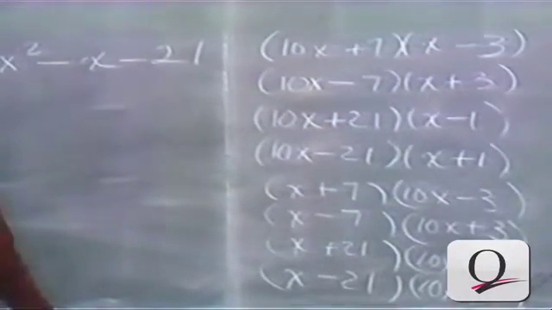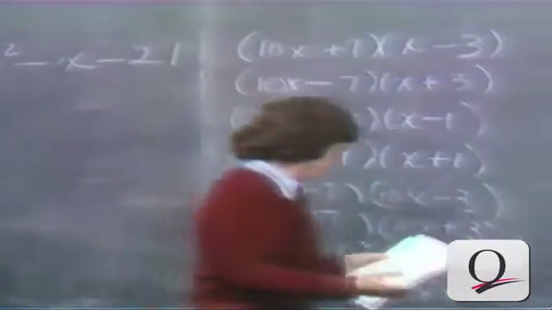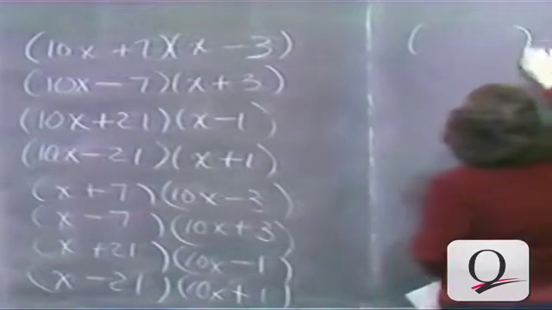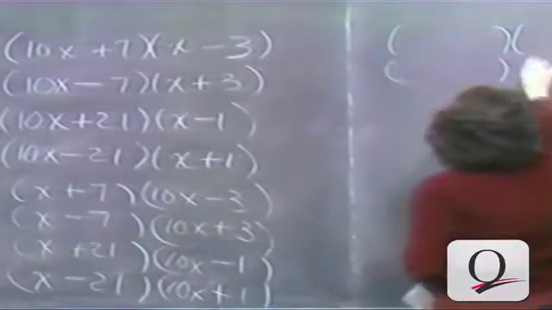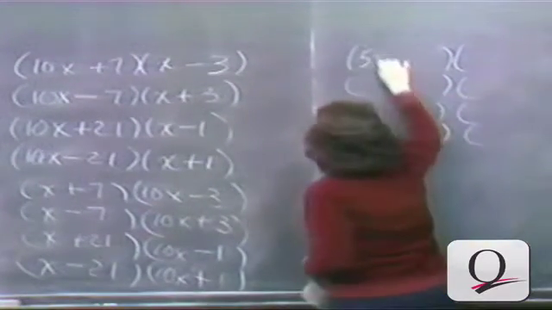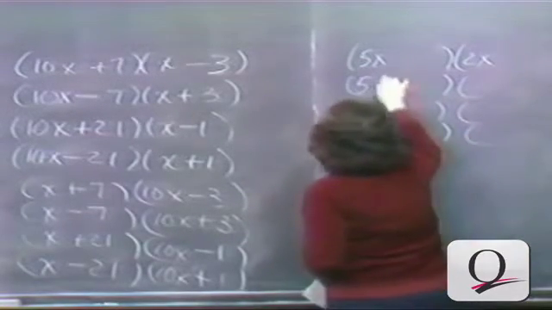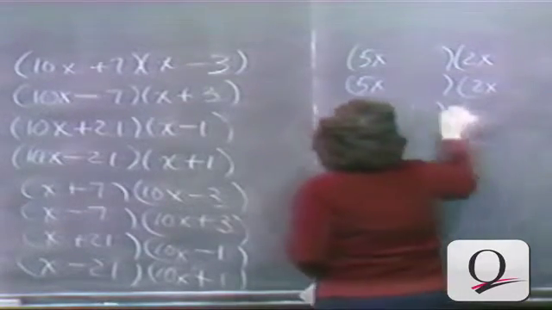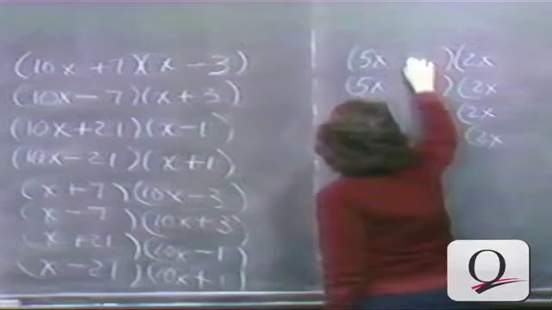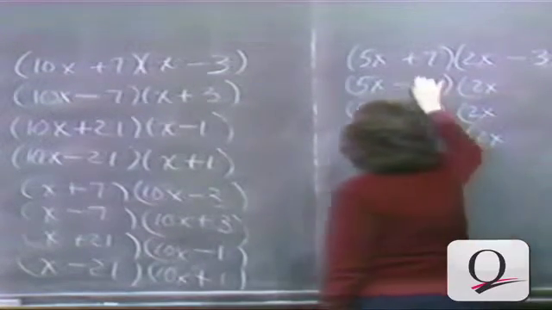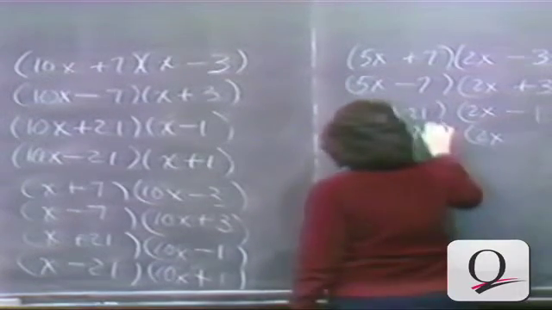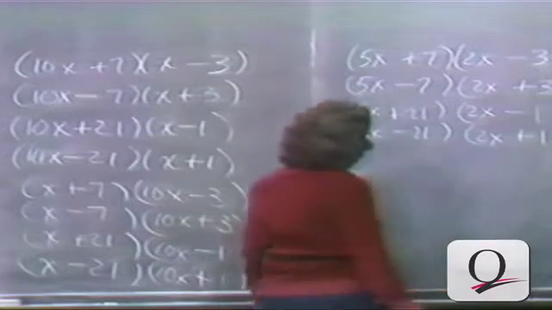Now instead of making 10 by 10 and 1, we can make 10 using 5 and 2. We have another 8 possibilities this way. We have 5x and 2x, and still, 21 could be made with the plus 7 and the minus 3, the minus 7 and the plus 3, the plus 21 and the minus 1, the minus 21 and the plus 1.